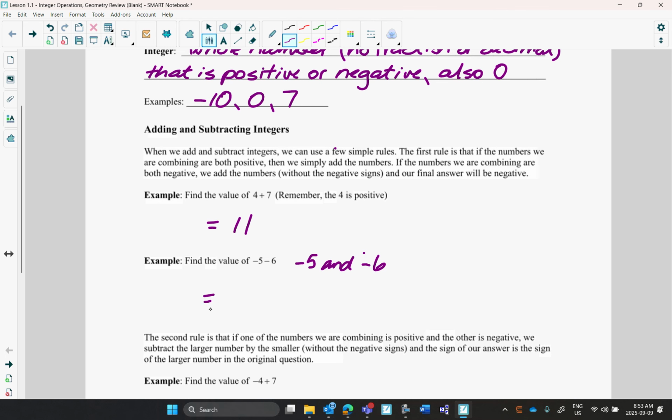So when we add 2 negatives, the answer is going to be negative, and then we just add the numbers. Or another way you can look at it, think of it like a thermometer. You're at -5, and you go down another 6. So you're going further into the negatives, right? Negatives is kind of opposite world. The bigger the number that has a negative, the smaller it is. Like -100 is much smaller than -1.